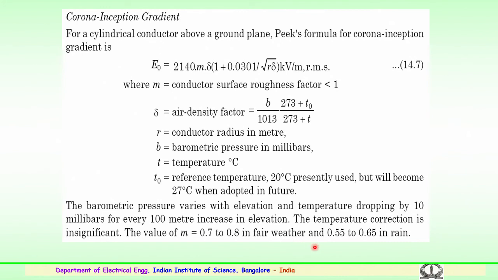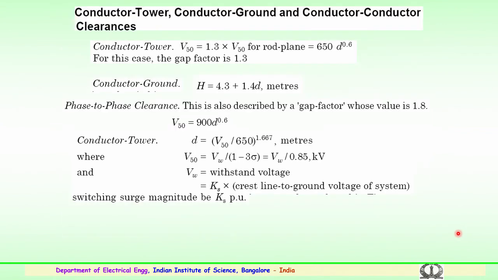It is assumed to be 0.55 to 0.65 in case of fog, rain, or foul weather conditions. So, these are the calculations, or the formula, used for the calculation of corona inception for the conductors used for transmission lines.